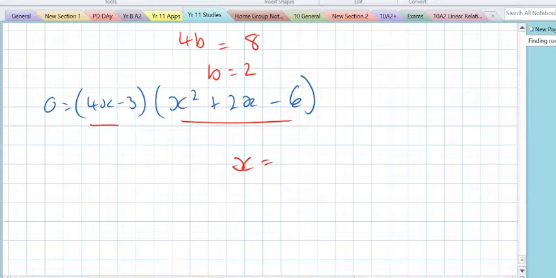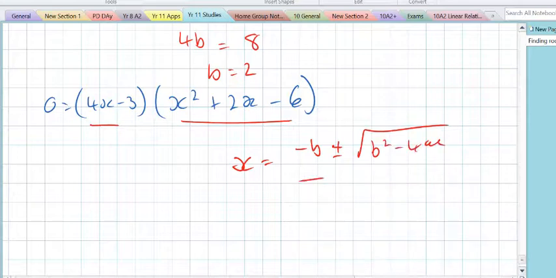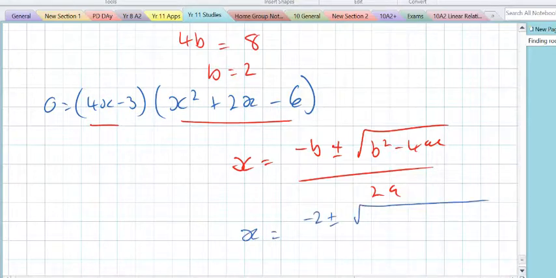Sure. x equals minus b plus or minus the square root of b squared take 4ac, over 2a. Minus 2 plus or minus the square root of 4 minus 4 dot 1 dot negative 6, over 2.